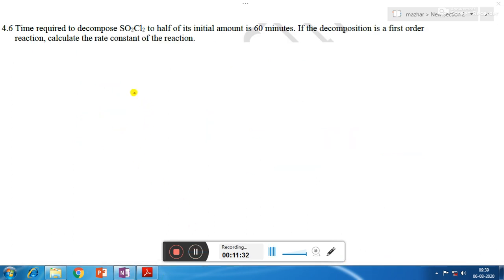Number 4.6: time required to decompose SO2Cl2, sulfuryl chloride, to half of its initial amount is 60 minutes. That means T half is given. So T half is equal to 60 minutes. Now we have to find out the rate constant of the first order reaction.